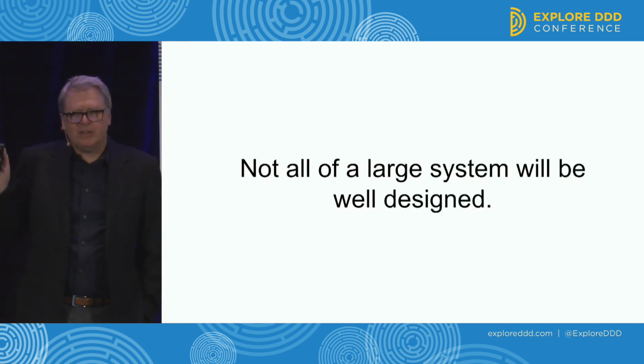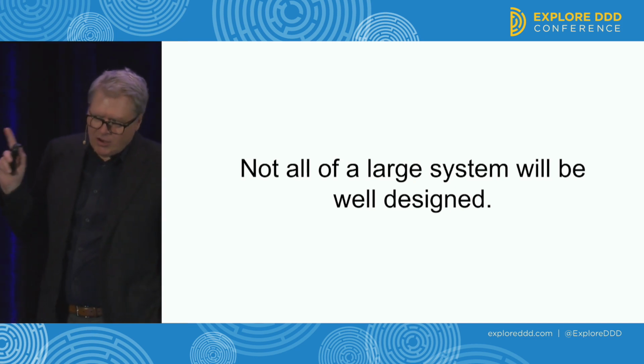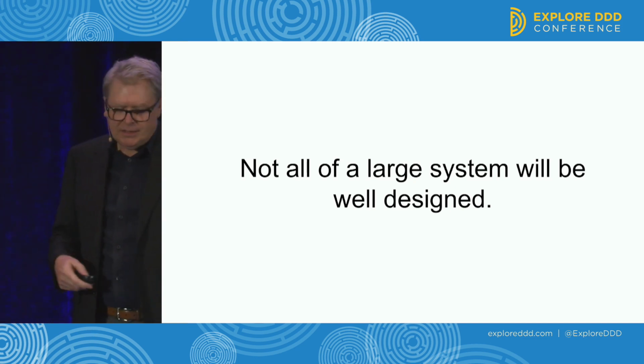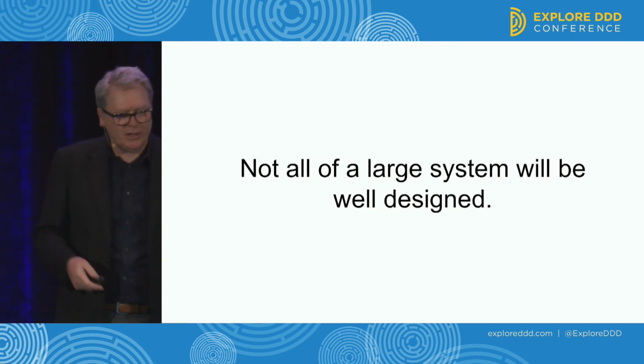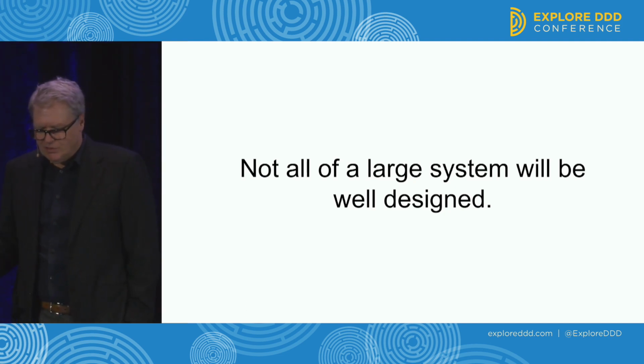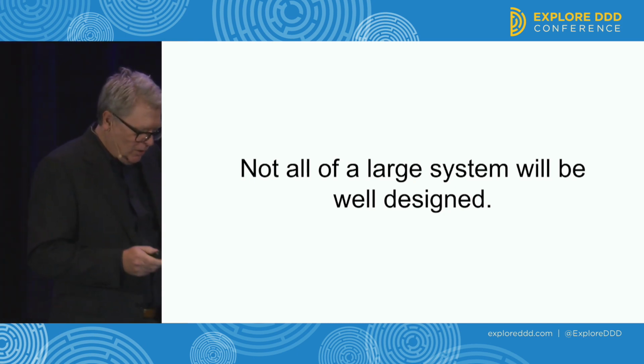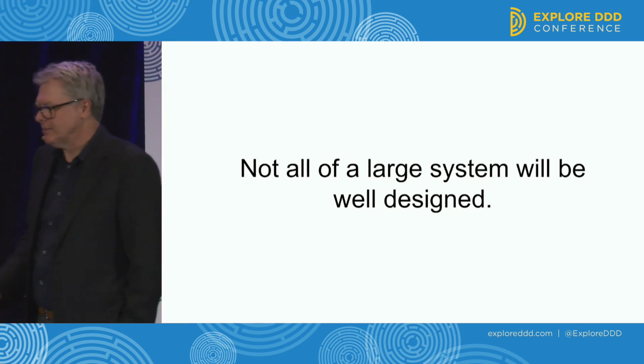But one of my mantras is that not all of a large system will be well designed. And sometimes these things happen. We can't get too freaked out. Can't try to get back to that tidy world where everything looks nice.